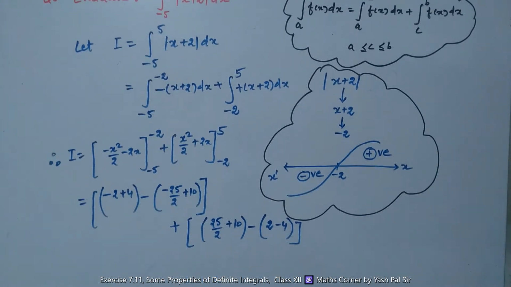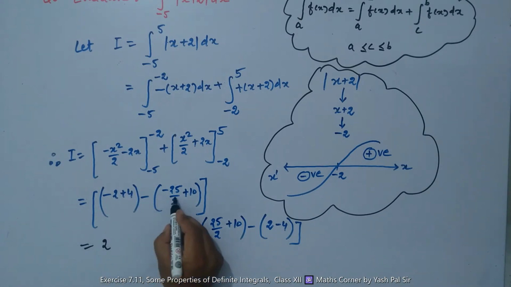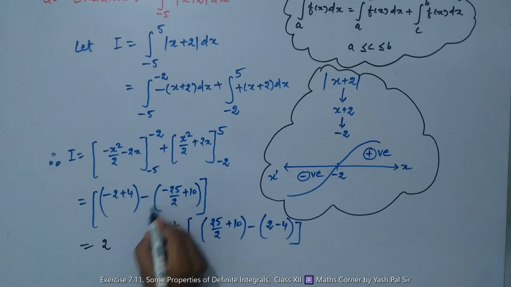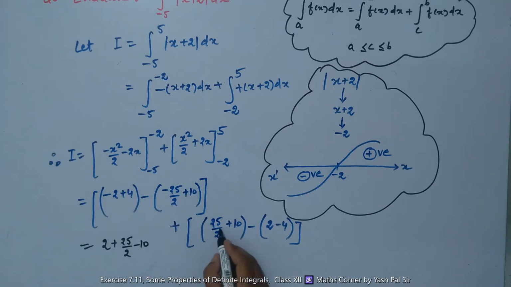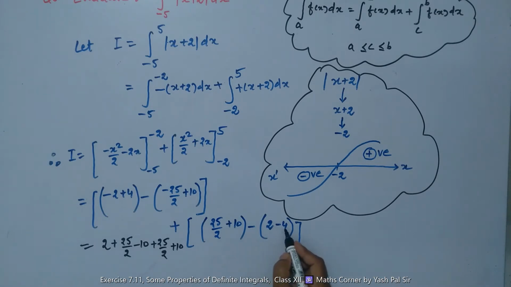So what we do further, the final answer is minus 2 plus 4 means 2, this becomes minus minus plus 25 upon 2 minus 10, this is plus 25 upon 2 plus 10, 2 minus 4 minus 2, minus minus plus 2.